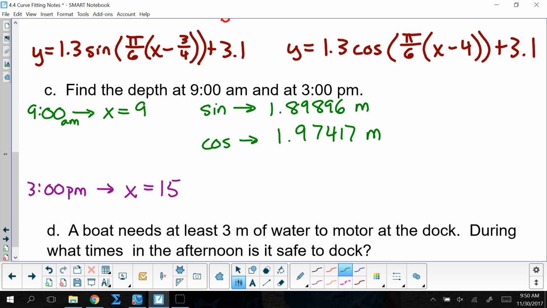Judging by some of your faces, you didn't get that. My guess is that you are in degrees on your calculator, and this is a radian function.